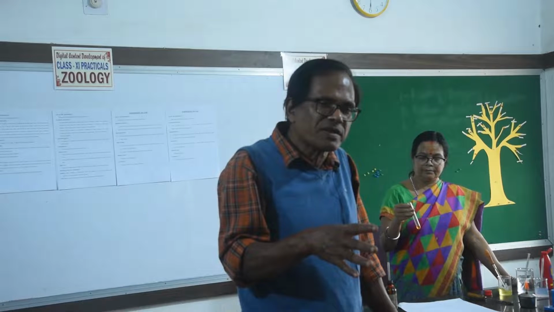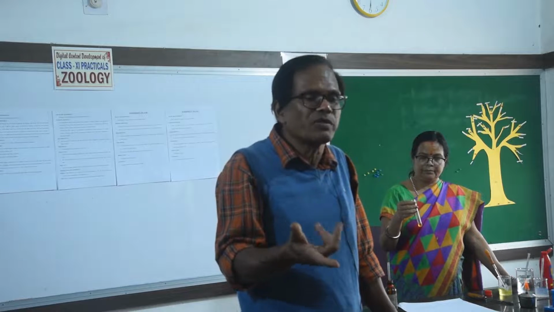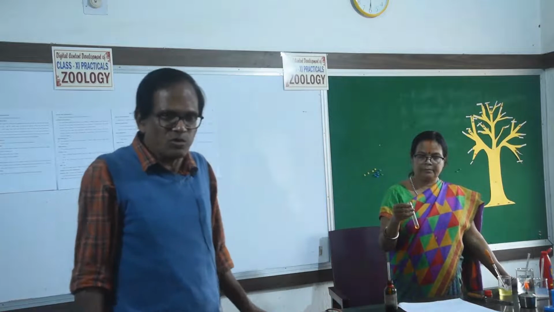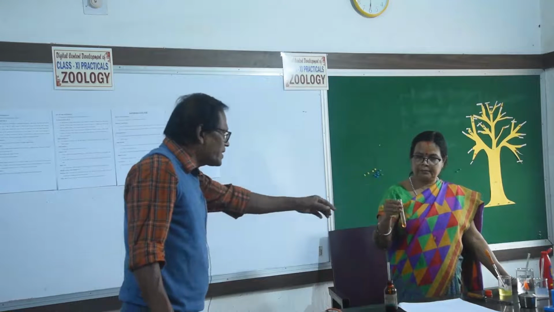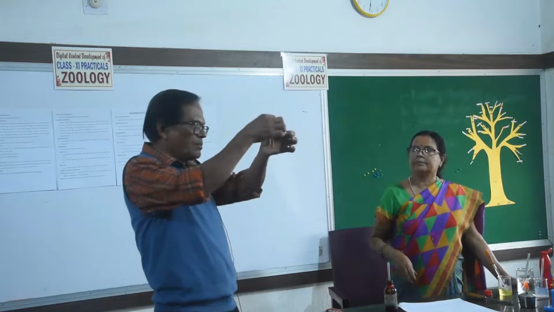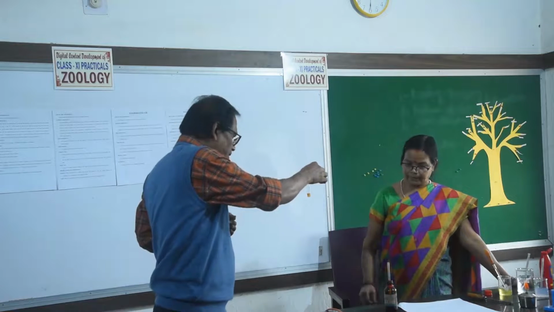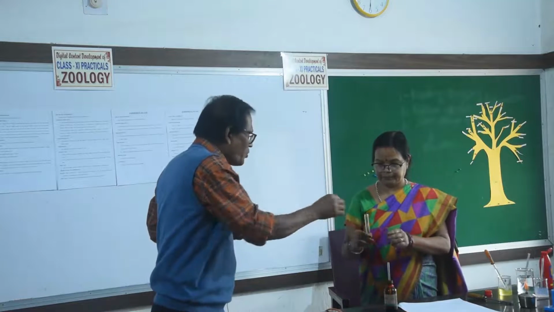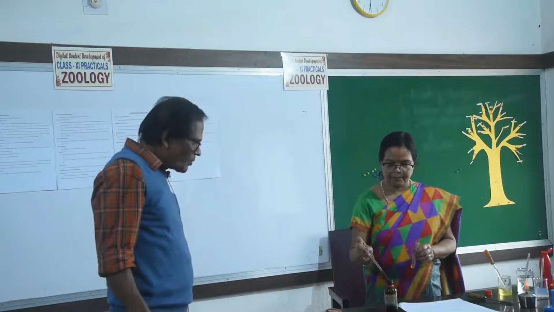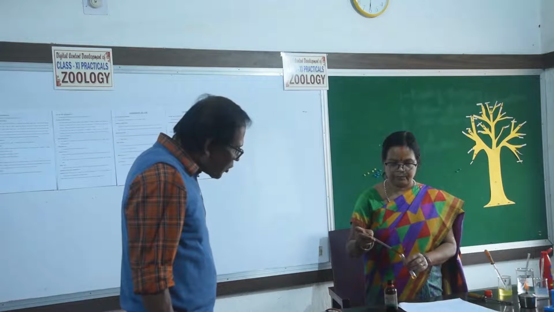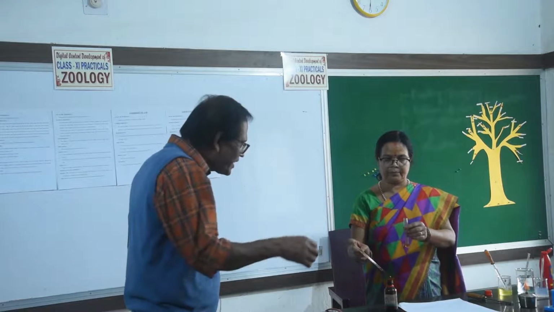Shake it to mix. It becomes Sudan 3 stain solution. Look at this, this is the color. Add some more Sudan. A little more. Just a moment, just a little. That's it.